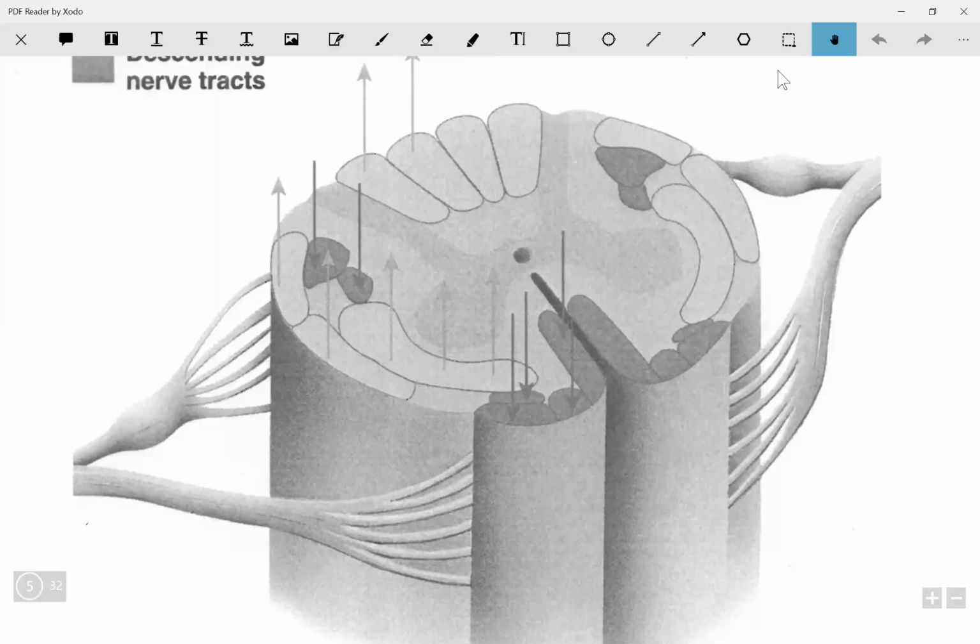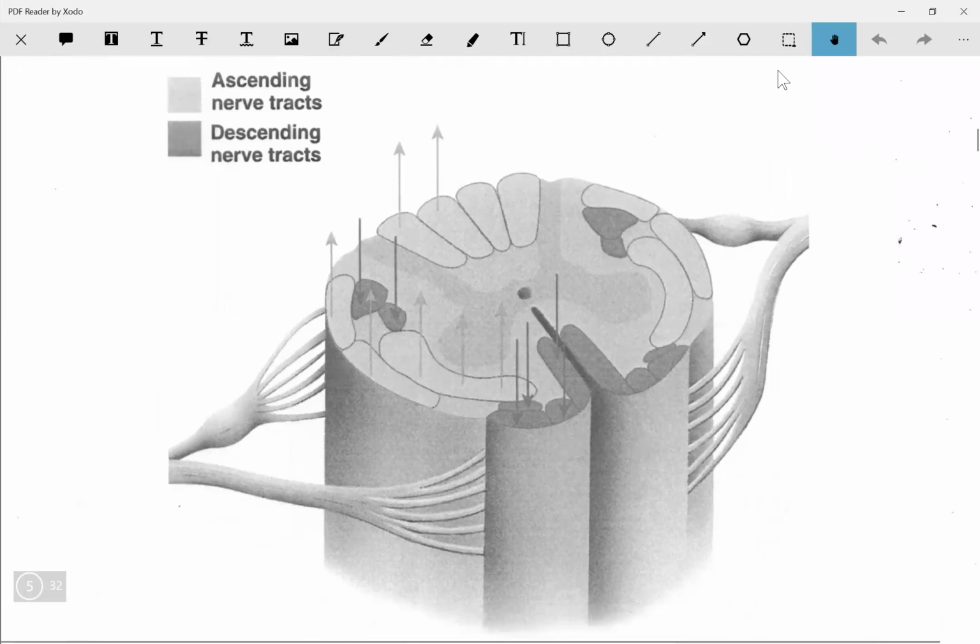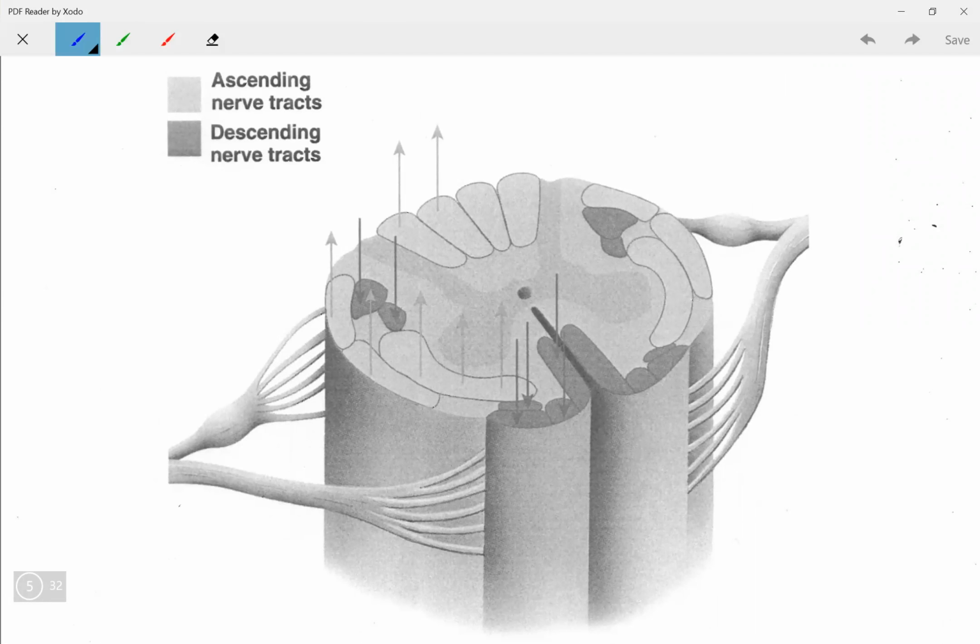We have some more anatomy parts to do. So let's divide the cord in half, and we'll point out some more spots here.